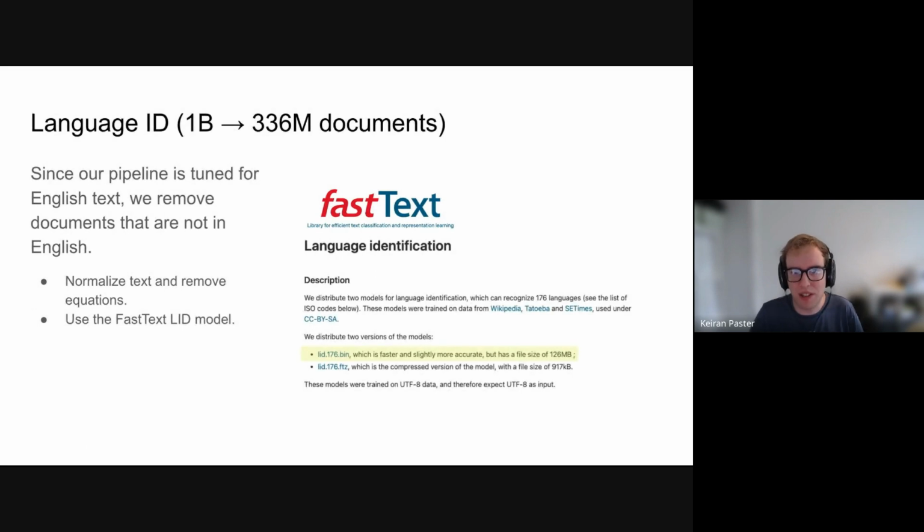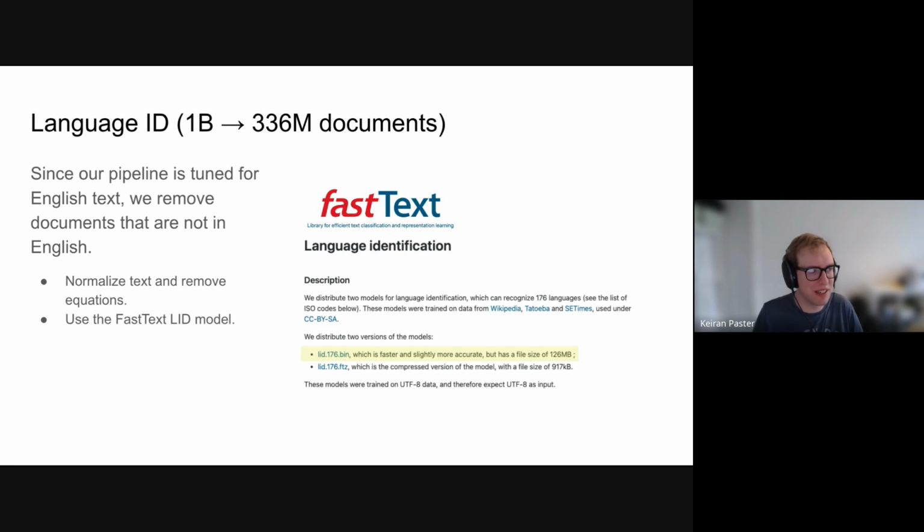The first thing we do here is a language identification filter. The reason for having a language filter is that our pipeline is tuned for English text, and I wouldn't be able to tell if it was working well in other languages.